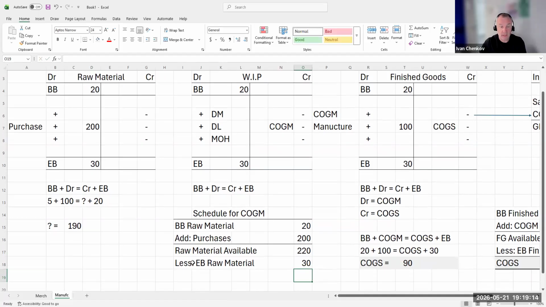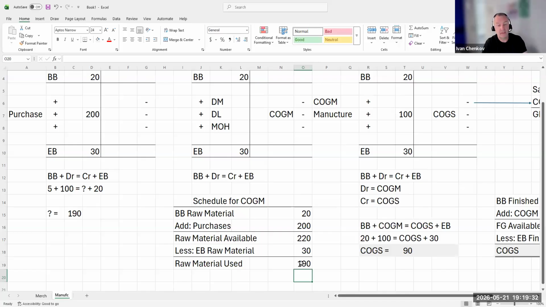And the question is, how much raw material have we used? And we're going to come up with the raw material used in production. It's going to be equal to this one minus that one, $190.